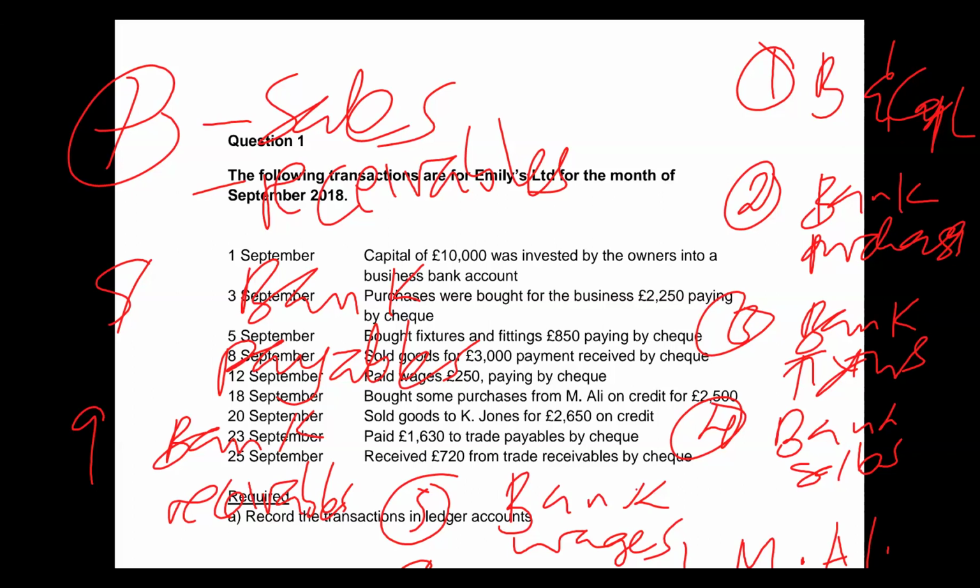Yeah, I debited. Then the balance brought down is 870. Is it on the debit or credit? It's on the credit side.